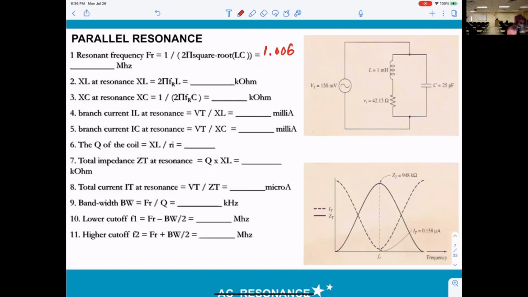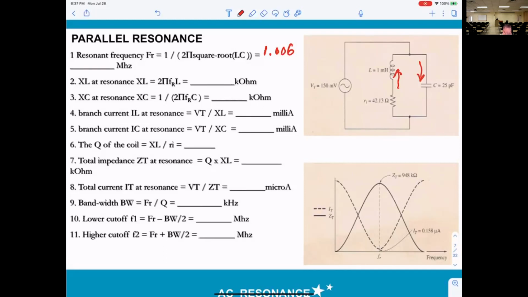Okay, you understand one thing. The current flowing in the inductor and the capacitor will be opposite. If I suppose this I going up, then this I going down. So the net current will be the difference between IL and IC.